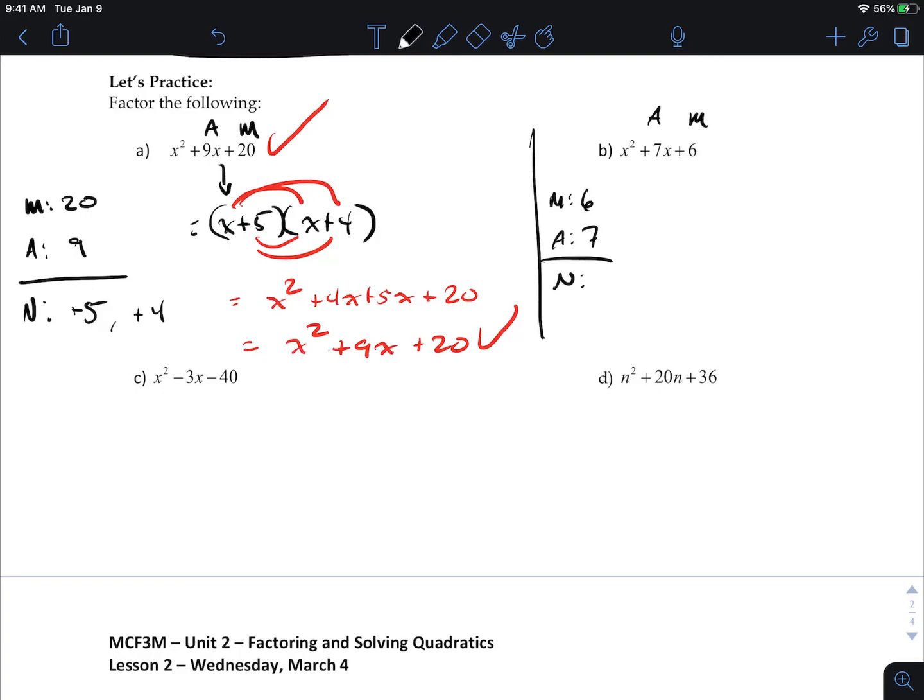So remember, when you're checking, just start at the easy one. 1 times what gives me 6? 6. That's nice. 1 plus 6 equals 7. They're both positive, right? That confirms both these conditions. So then once I've confirmed both those conditions, now we're able to go x plus 1, x plus 6. Done.